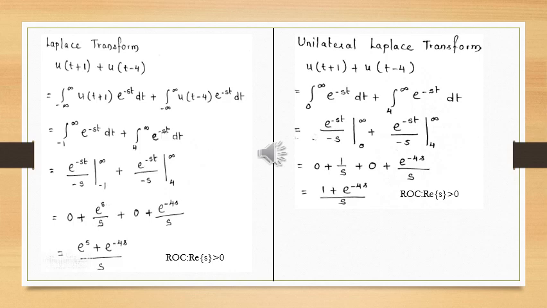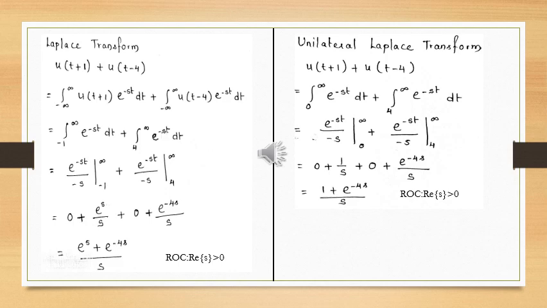When we substitute t is equal to infinity, we get e raised to minus infinity, that is equal to 0, minus, when we substitute t is equal to minus 1, we get e raised to s divided by minus s. So we get our answer plus e raised to s divided by s. For the second term, again when we substitute infinity, the answer is equal to 0.